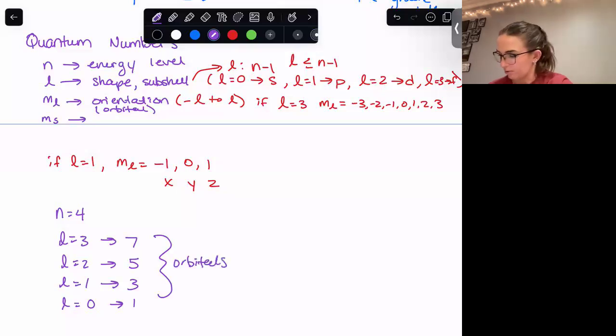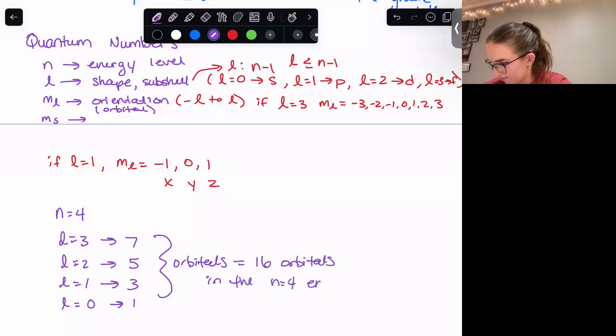So your total number of orbitals is 16 orbitals in the n equal to 4 energy level.